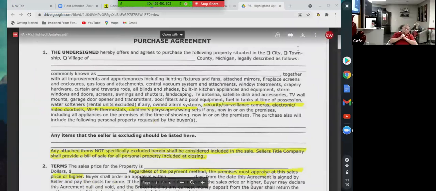A couple things too with the PA, why changes were made. Over time, things change and we need to add things. I think the last revision was in 19, so maybe 2 years ago. Since 19, some of the things that have become more and more relevant and prevalent are security surveillance cameras, electronic video doorbells, Wi-Fi thermostats.